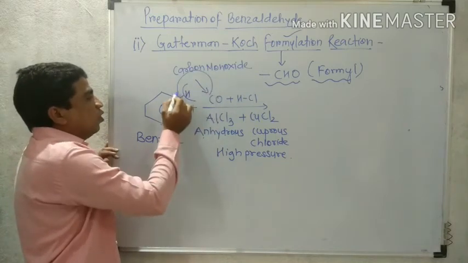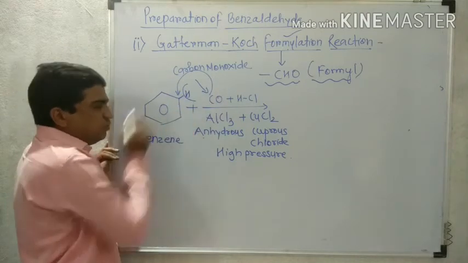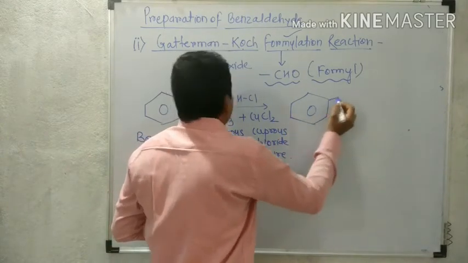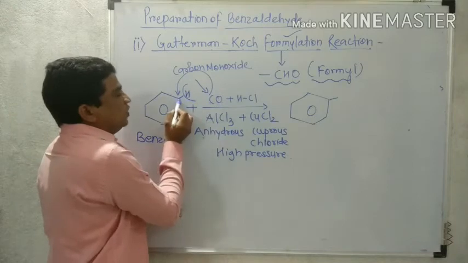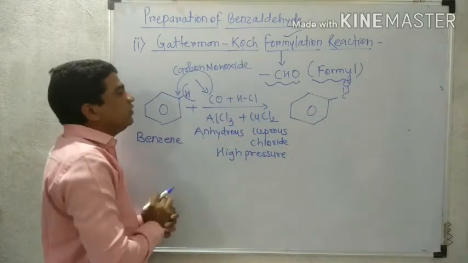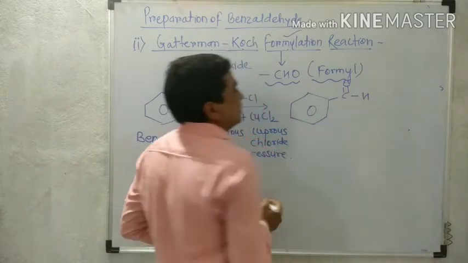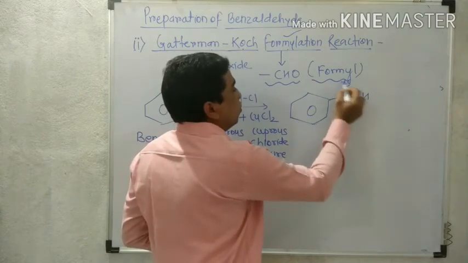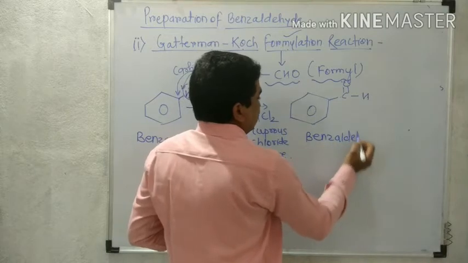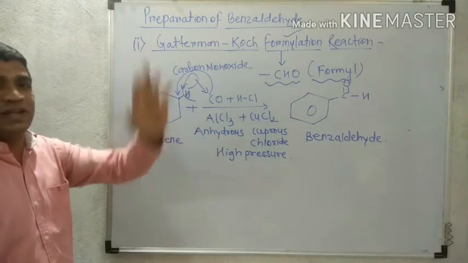When the carbon monoxide, the CO group, is added to the benzene and attached again with hydrogen, the CHO group is formed. That is benzene with COH, that is benzaldehyde. So this reaction is called the Gattermann-Koch formylation reaction.